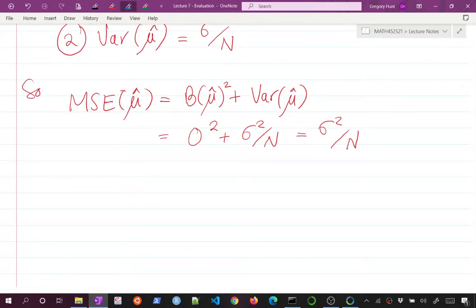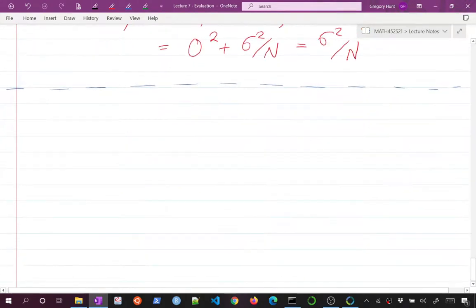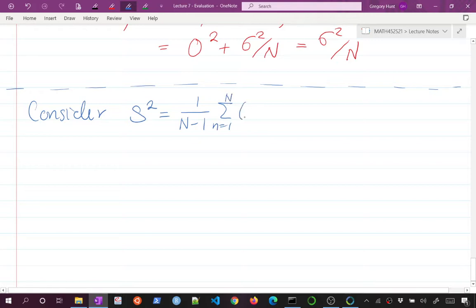We could look at some other examples. So we could say, consider, what do we want to call it? We called it S squared before, and S squared had this formula, right? It was our sample variance. That was S squared.